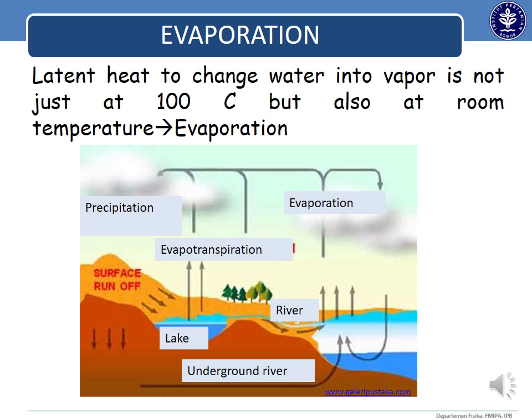For example, water in the sea exposed to sunlight will evaporate and create clouds, and after some time the clouds get heavier and we will have rain. The rain goes to the ground and then goes to the river and comes back to the ocean. This cycle is very important in our life.